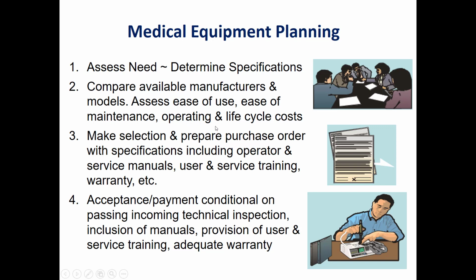After that, we make our selection of the appropriate medical device. We generate a purchase order with the specification, including the operator and service manual, user and service training, warranty, the accessories, etc.